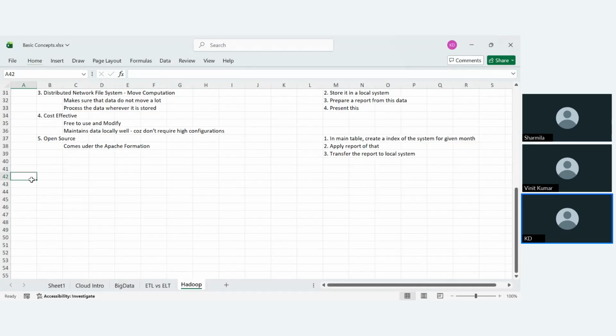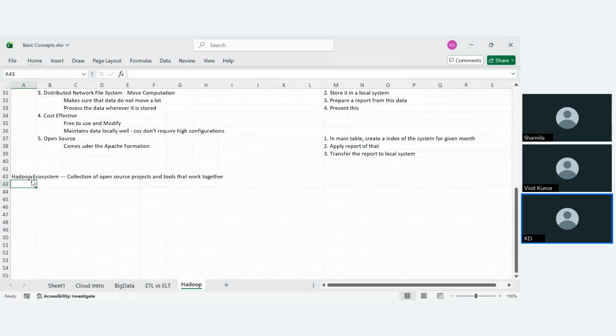In the Hadoop ecosystem, there is a collection of open source projects and tools that work together. So Hadoop is basically a collection of open source projects and tools which work together. There are a few main things, and out of that, number one is HDFS.